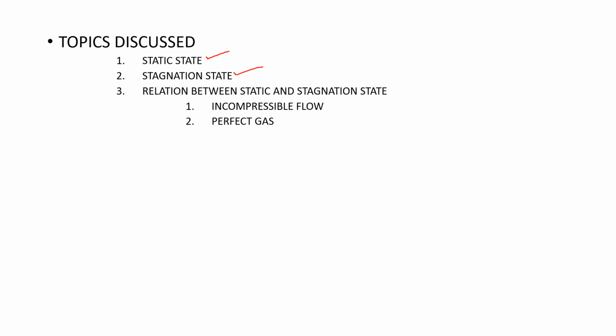The next topic we discussed was the relation between static and stagnation state. We considered two cases. The first one is the relation between static and stagnation state for incompressible flow, and the second case was perfect gas.